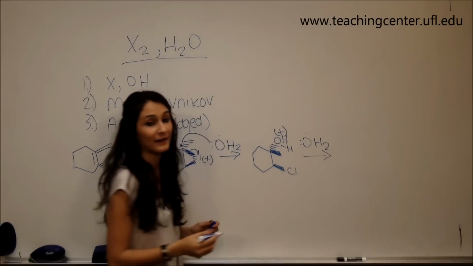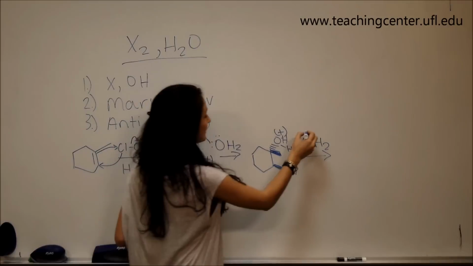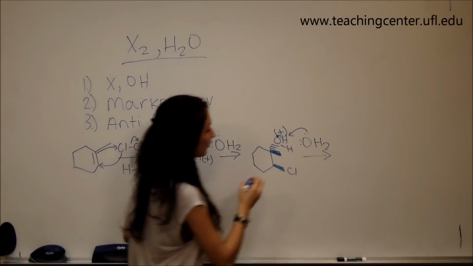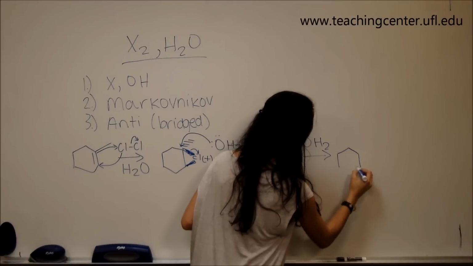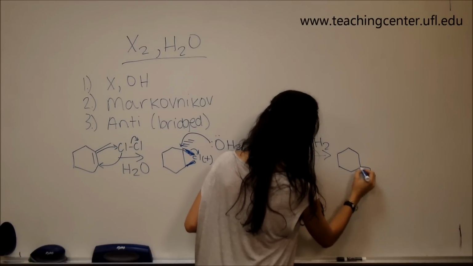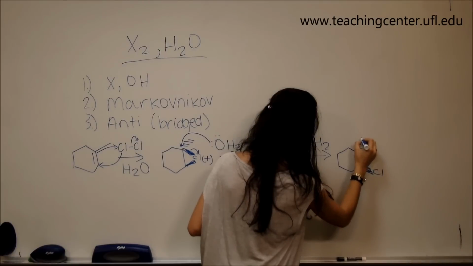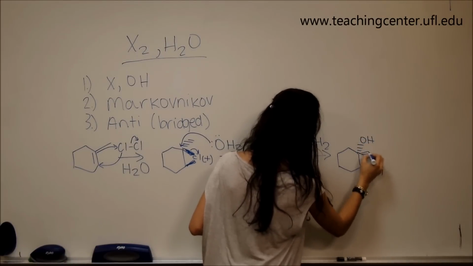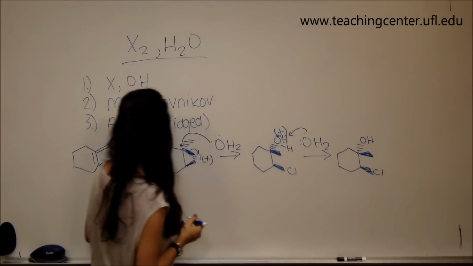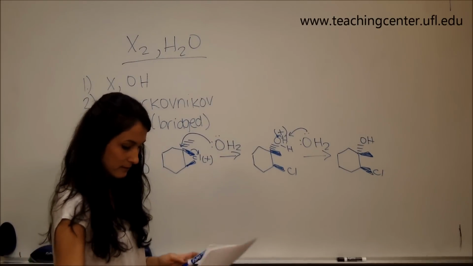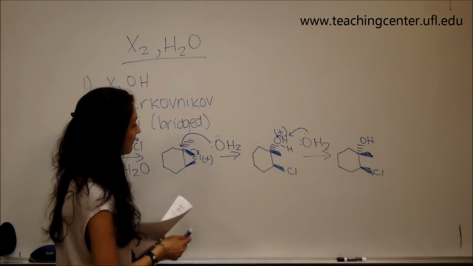So if we have more water in the reaction, and we just attack a hydrogen and break this bond, then we'll get a neutral molecule, which is always going to be better to end up with. All right, so that's what we end up with.